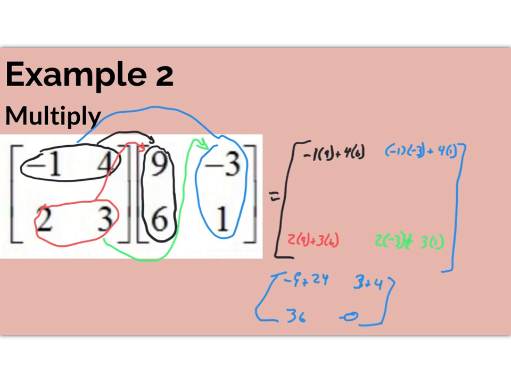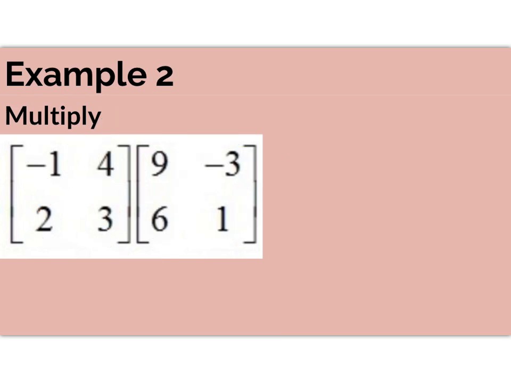On the next page, so the answer is -9 plus 24, 3 plus 4, and 36 and 0. So -9 plus 24 is 15, 7, 36, and 0. And that is the answer.